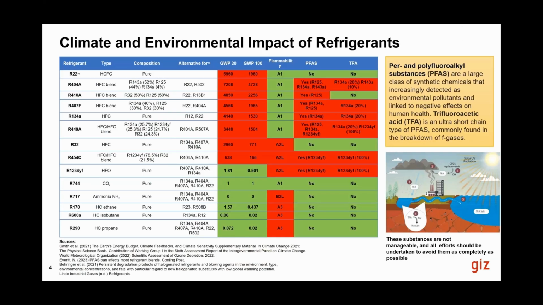You have to also see that it's not only the ozone impact. R22 still has an ozone impact. It is also the environmental impact in terms of PFAS and TFA breakdown. And I mean, in Europe, we try to ban it. And even if it's a nice HFO that has no climate impact, the production itself usually has a high climate impact.